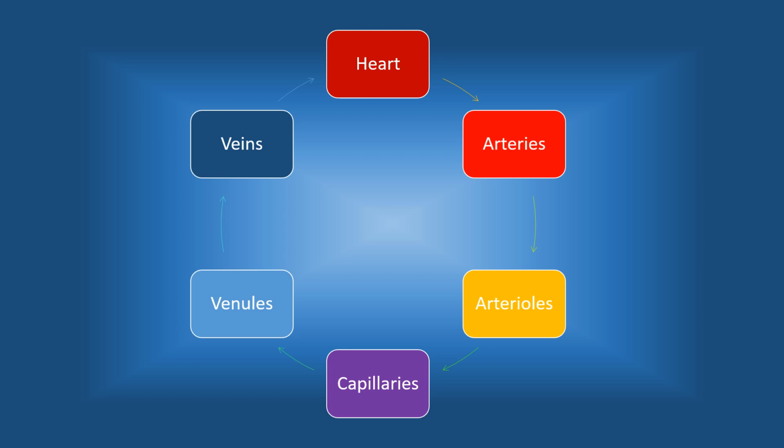From the right ventricle, it's going to be pumped through the pulmonary valve into the main pulmonary artery. And this is going to branch into a right and left pulmonary artery and go to the lungs, where the blood is going to be reoxygenated and return to the heart through the pulmonary veins to the left atrium. From the left atrium, it's going to go through the mitral valve to the left ventricle, and the whole system is going to start over again.